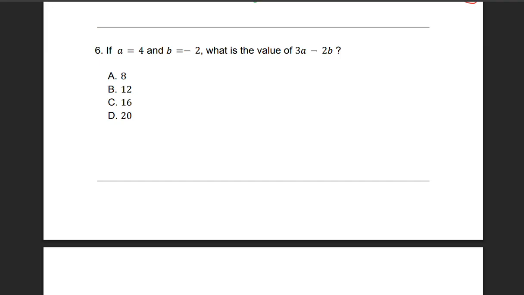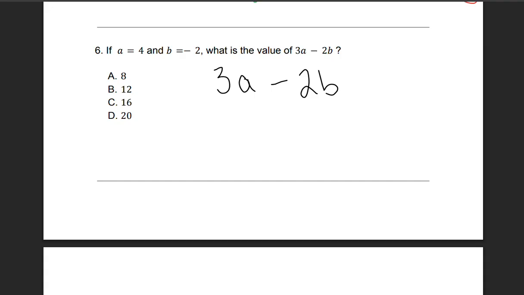It says, if A is equal to 4 and B is equal to negative 2, what is the value of 3A minus 2B? Now, questions like this may seem a little bit confusing at first. This is just having us evaluate, meaning plug in what's given into the expression. So I'm going to go ahead and rewrite my expression, that 3A minus 2B.